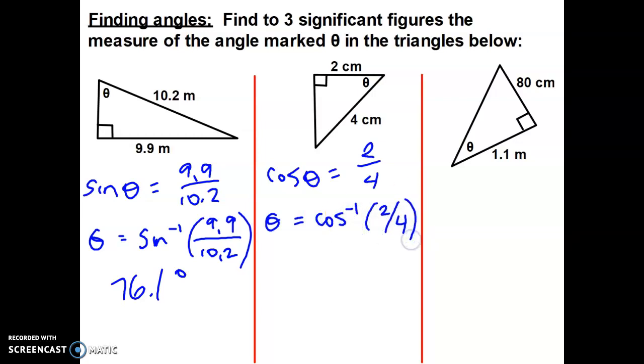I can simplify that 2 over 4 to be 1/2 if I want to, but since I'm going to type it in my calculator, there's not really a reason. Were you surprised to get something off the unit circle? Okay, maybe you recognize that one, that the angle that has a cosine of 2 over 4 is 1/2. Okay, to save time, I'm going to skip that last one because the process is the same as what you do on the other ones.